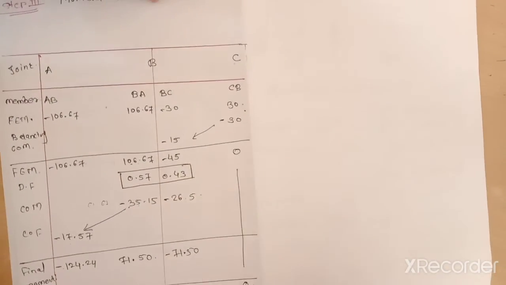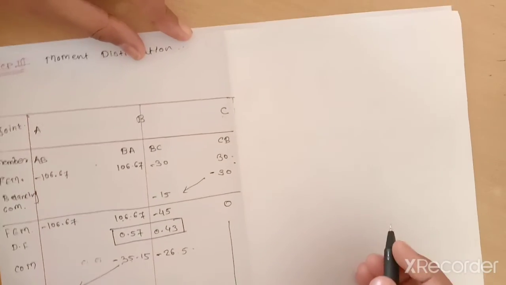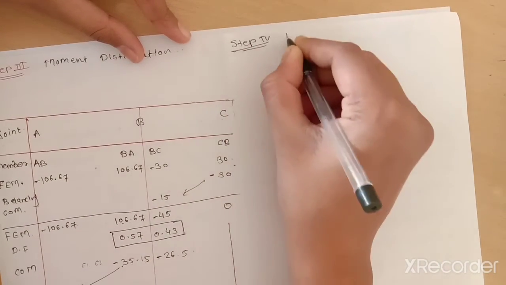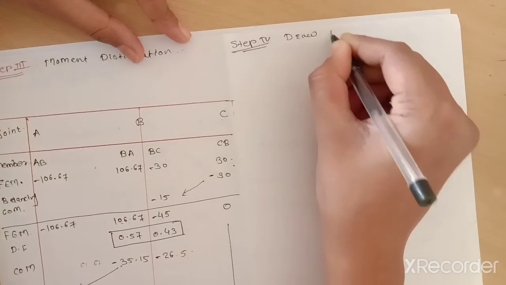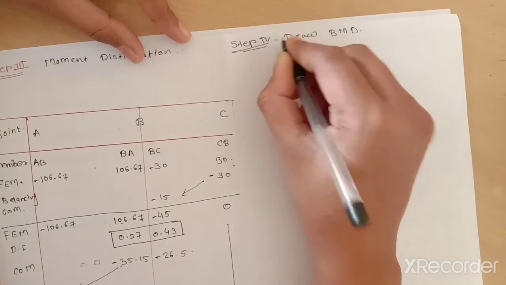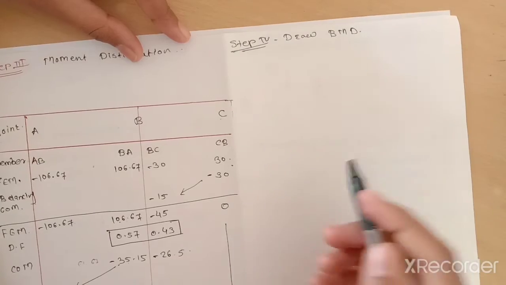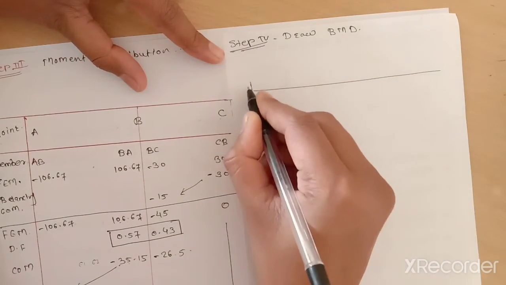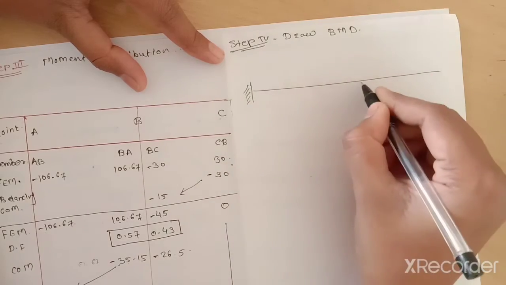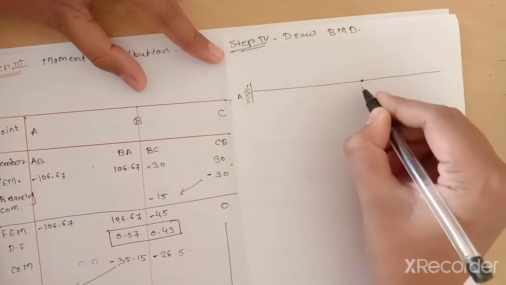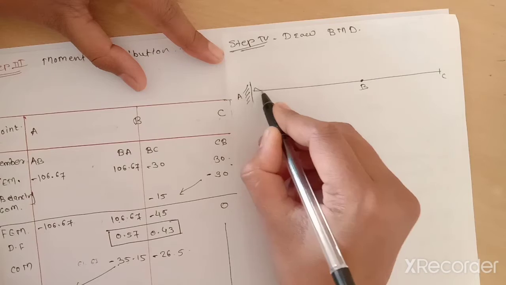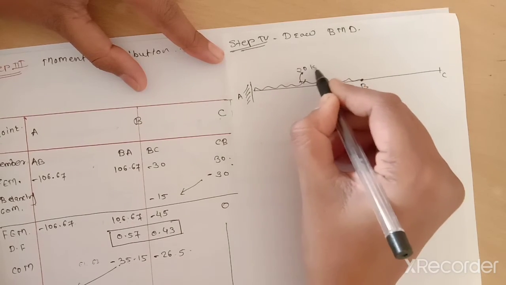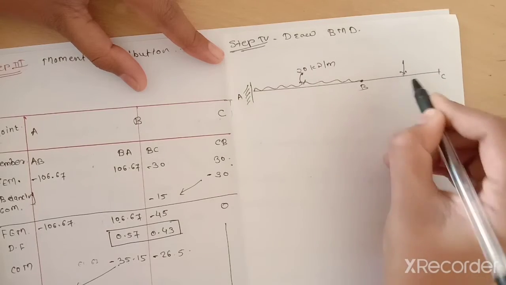Then next is the final step, step number 4. Draw bending moment diagram. So here firstly draw the given diagram ABC. Over this AB member, 20 kilonewton per meter UDL is acting.